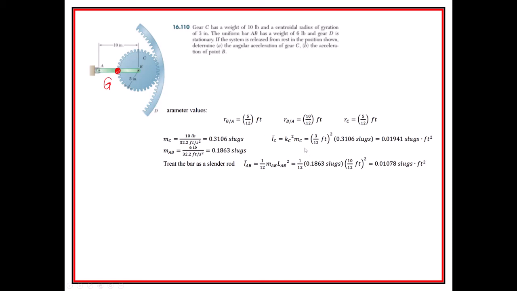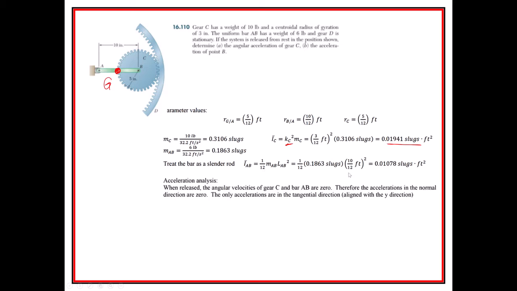And then we get the mass moment of inertia of C. They gave us the radius of gyration, so that's just that squared times the mass of C. This is the mass moment of inertia of the disk, since we're treating the gear as a disk. And then we treat the bar as a slender rod, so we have 1/12 mass times its length squared, and then we're able to get its mass moment of inertia.